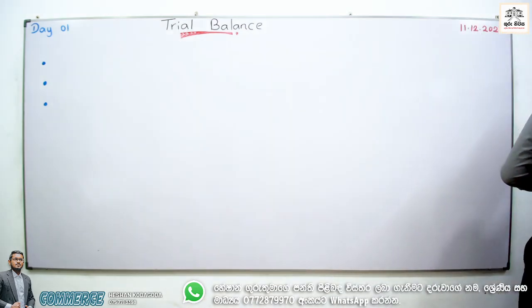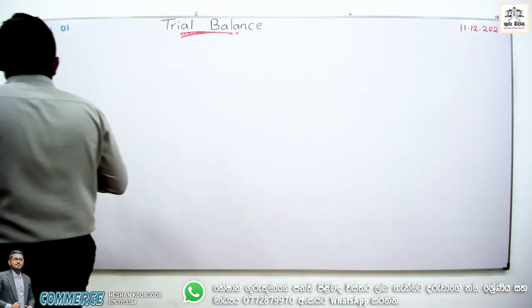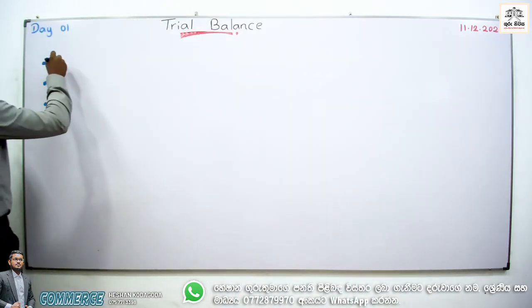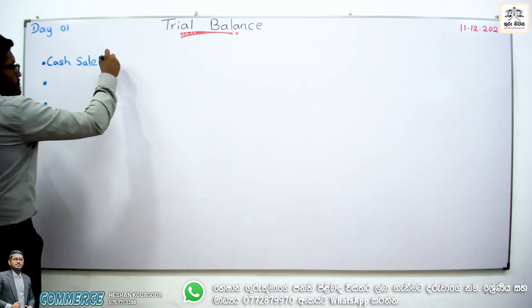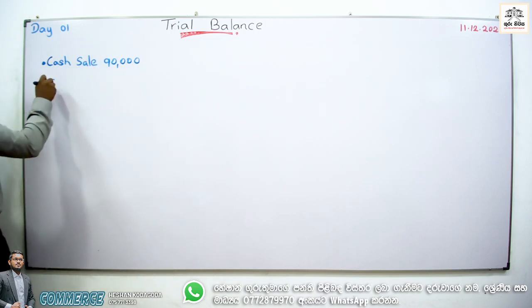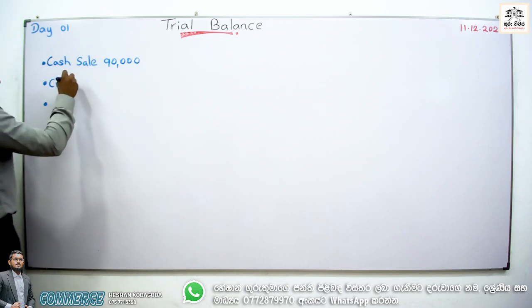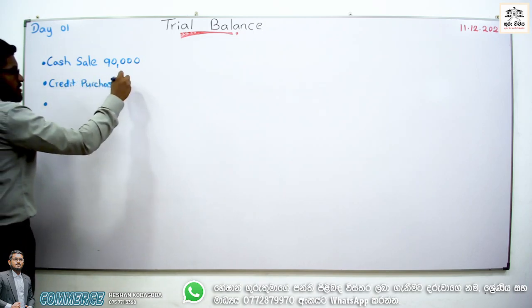Now I'm going to take a few transactions. First one, cash sales 90,000. Credit purchase 30,000.